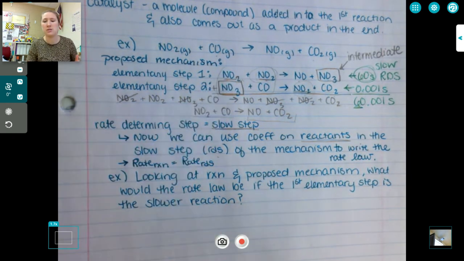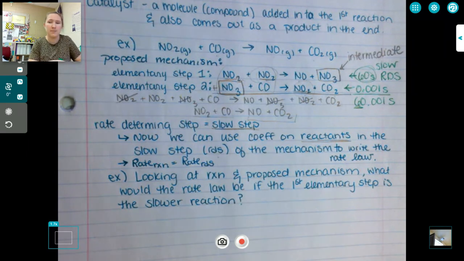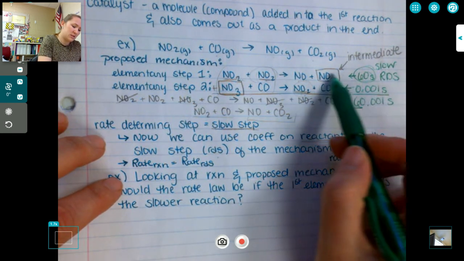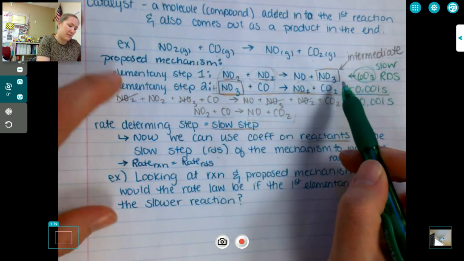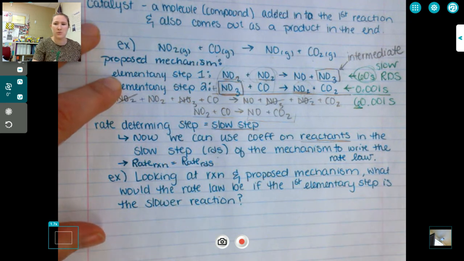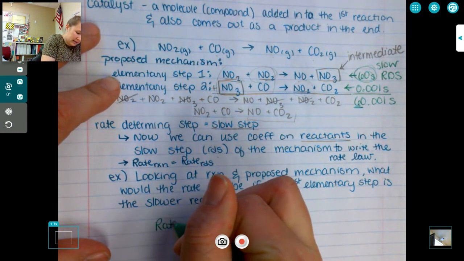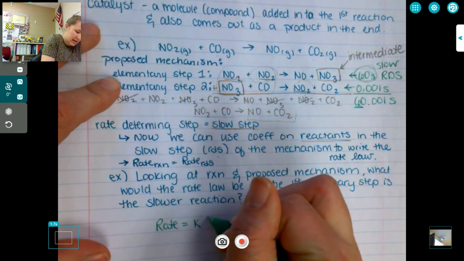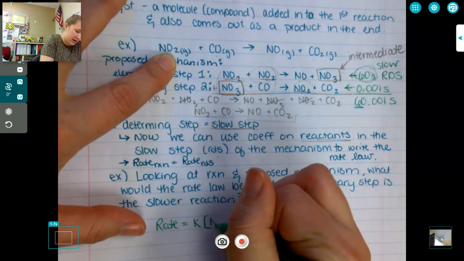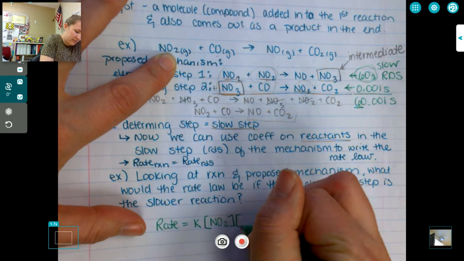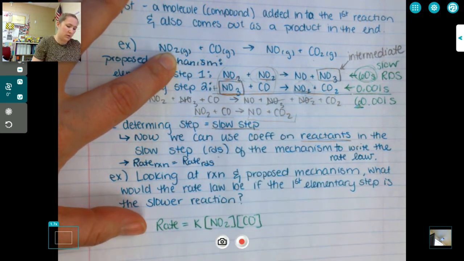So you'll get it listed as slow versus fast; that is usually just what they say. Sometimes you get data, but usually it just says slow or fast. So if this is my slow reaction, that means that my elementary step 1 is the one that's going to determine the rate, and that's how I can then write my rate law. So that means that my rate, remember, rate is equal to k times my reactants, and in here I have NO2 and CO. Okay.